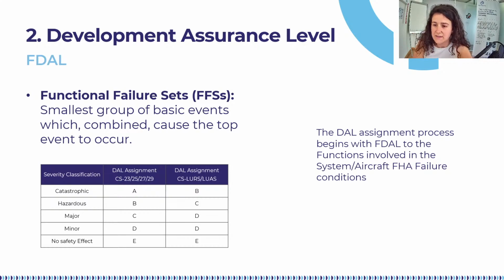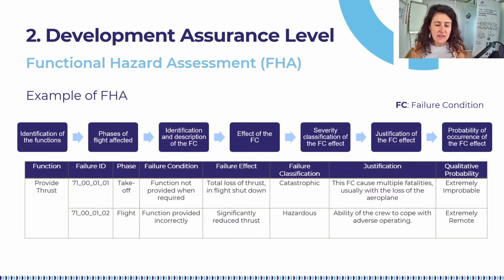So to start the DAL, we will start with the FDAL, but first we need to have the FHA. So we have here an example of the FHA. Well, you have a function, provide thrust. This function has two failure conditions: function not provided when required, and function provided incorrectly. So one is classified as catastrophic and the other one is classified as hazardous.